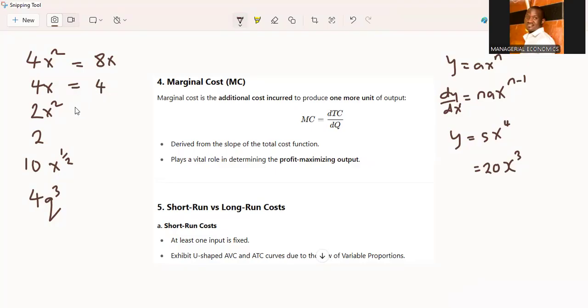So the x falls out. Okay, what is 2x squared? It will give us 4x. What is 2? If there's a constant, it's 0 when you differentiate it. What is 10x to the power half? So half times 10 is 5. So put your 5 there. Then subtract: half minus 1 is negative half.